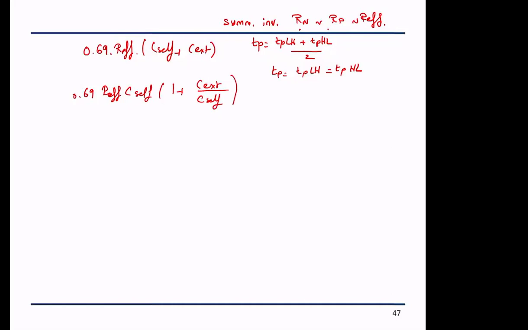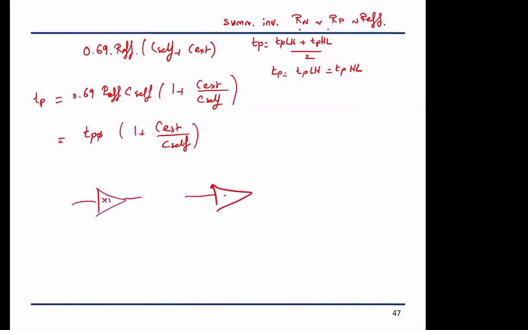Okay. Now, we said that this delay is equal, you refer to it as Tp0, into 1 plus C external over C self. And then we said if I have the 2-to-1 inverter and I want to size it by S, what is going to happen to Tp0?